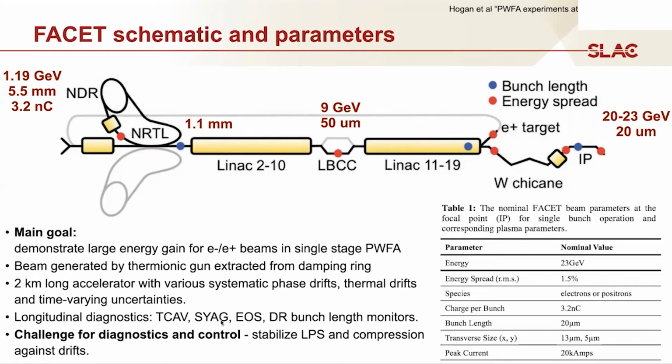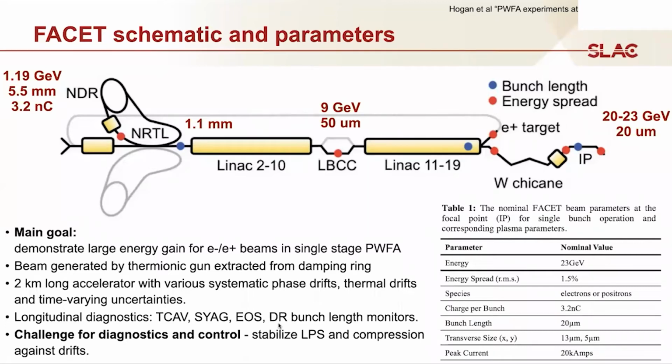The scintillating YAG spectrometer that I just described a slide ago allowed you to measure the energy spectrum non-destructively. There were also electro-optic sampling and diffraction radiation based bunch length monitors at the exit of each bunch compressor, which collect the radiation emitted in the last dipole bend and allow you to correlate that with the peak current of the beam going through the bunch compressors.